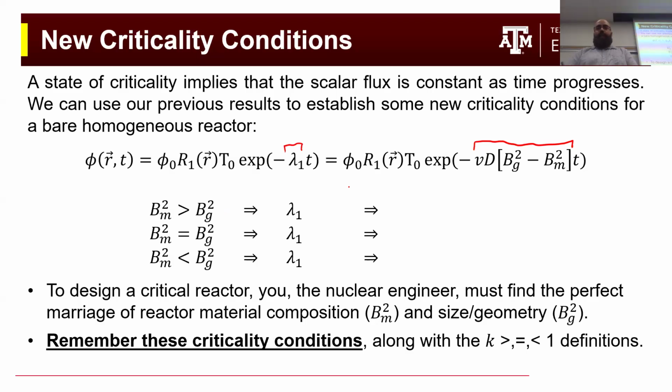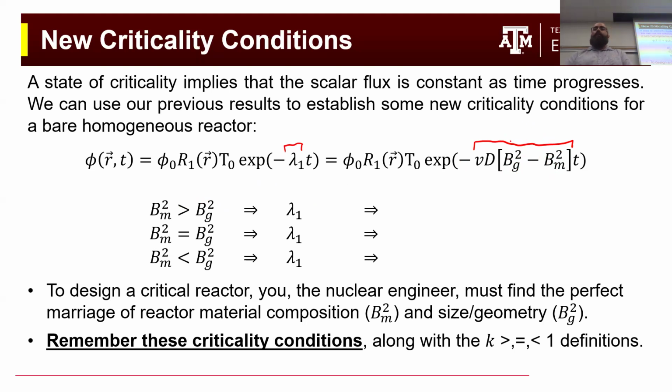So if the material buckling is bigger than the geometric buckling, then this quantity right here, the BG squared minus BM squared, is negative. And that means I have a negative number times another negative number, which is going to give me an overall positive number inside of the exponential.